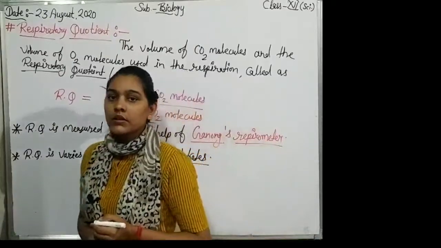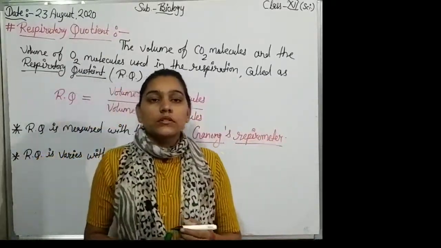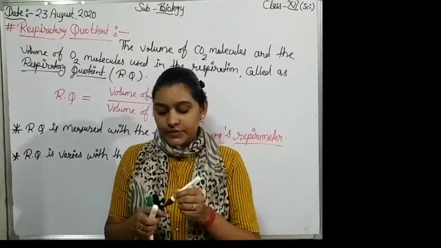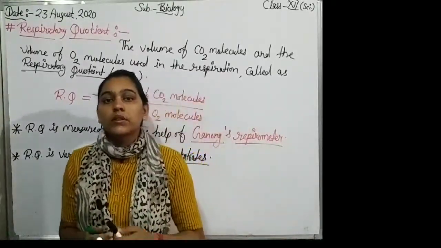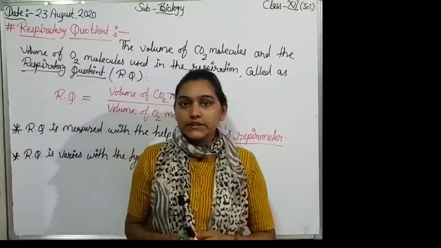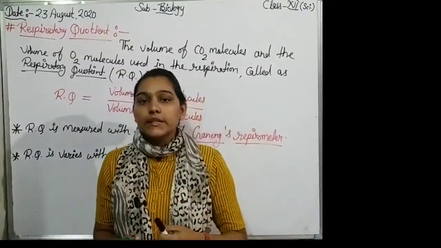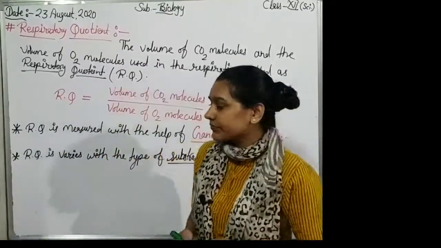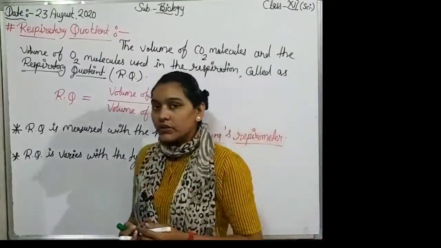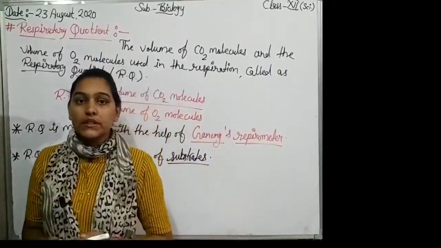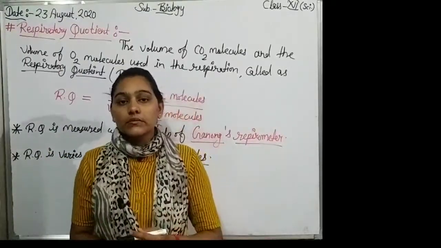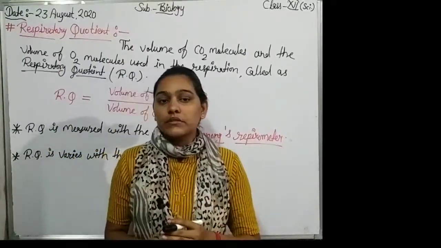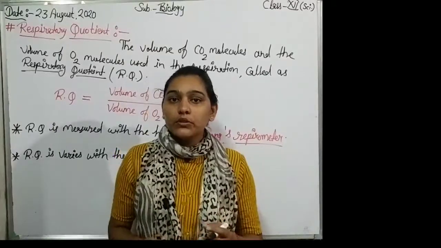Type of substrate means glucose, protein, fat molecules and organic acids act as substrates in the respiration. So different kinds of substrates are used in respiration, and then the RQ of different substrates cannot be the same.